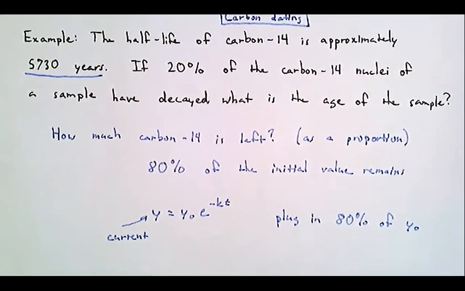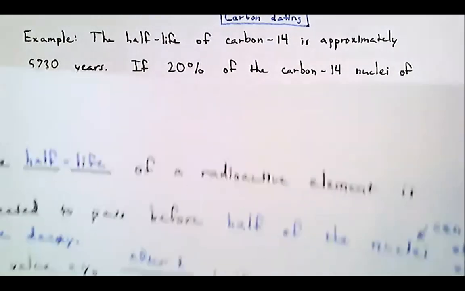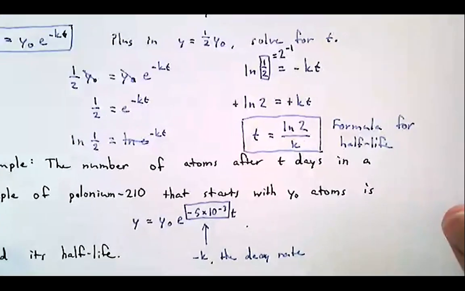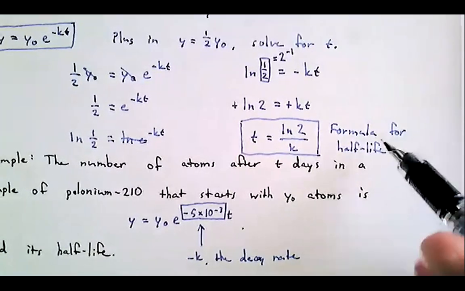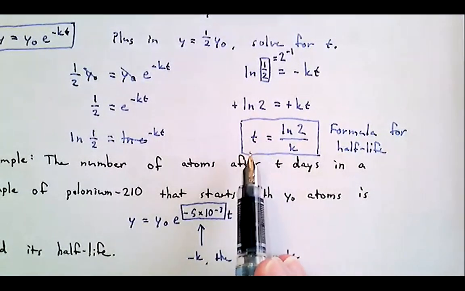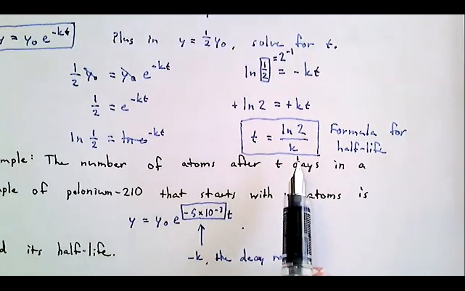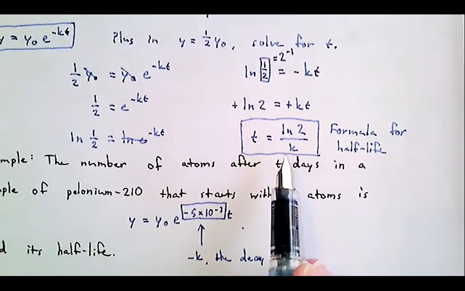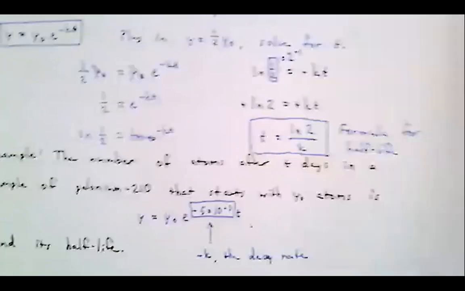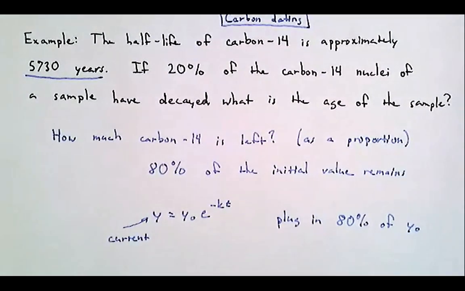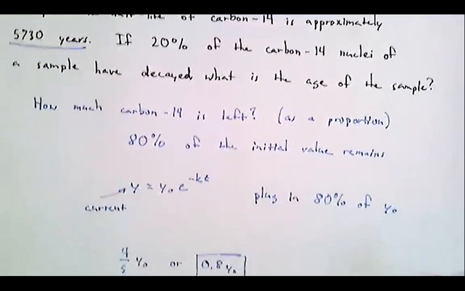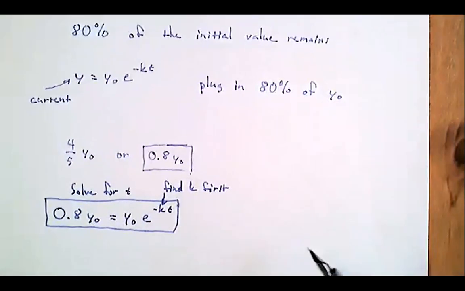And we're going to take that number and use our formula for the half-life. We know what t is in the half-life. We know it's 5,730. And we're going to use that to solve for k. Okay, so let's come off over here on the side.